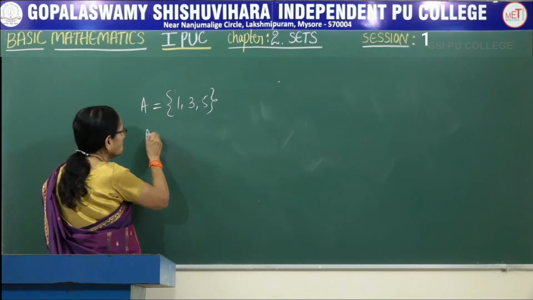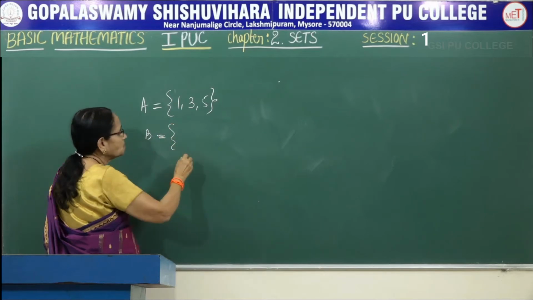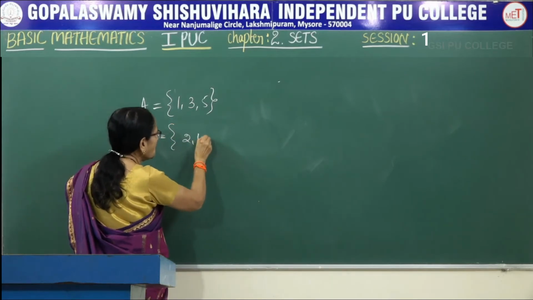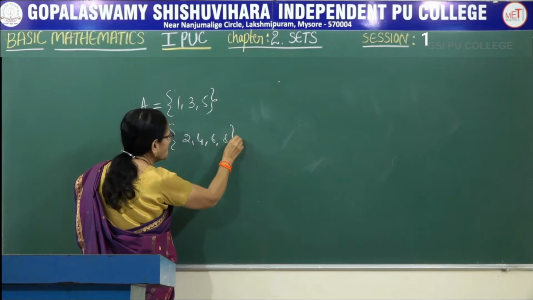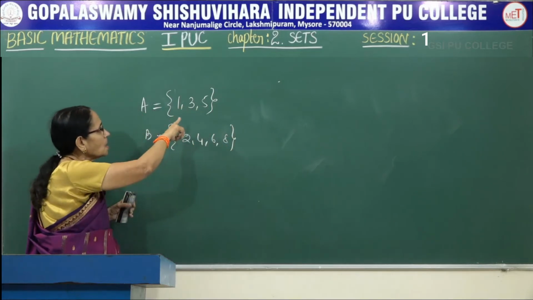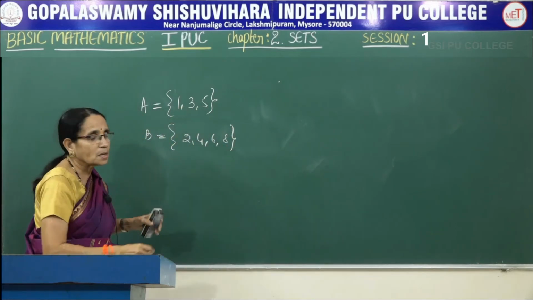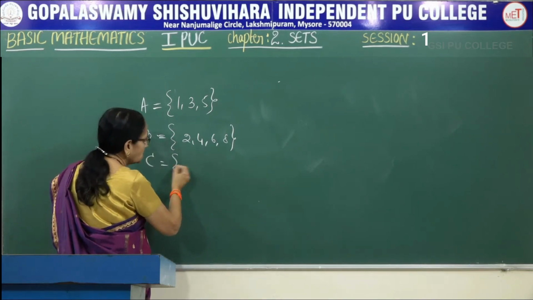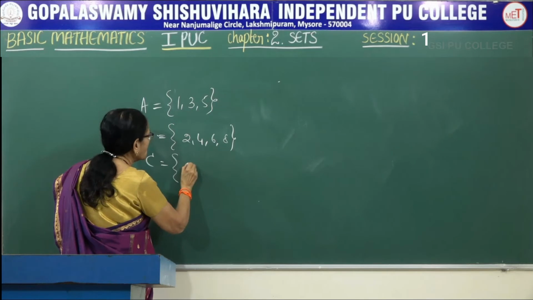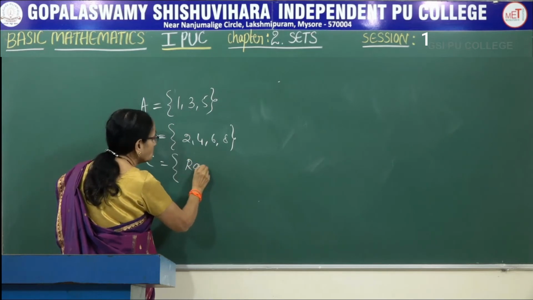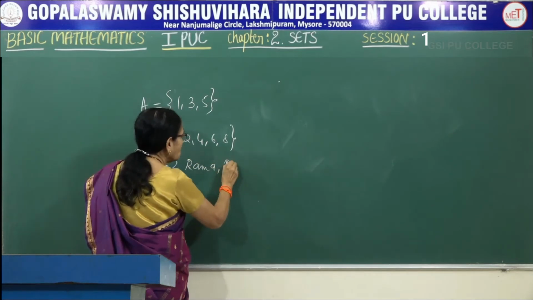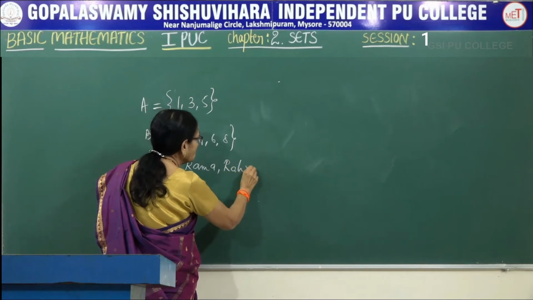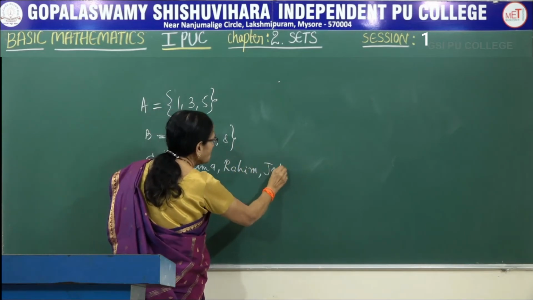Or I can write B containing, say, 2, 4, 6, 8. So it is a set containing the even numbers, and the earlier one a set containing the odd numbers. Or you can write a set containing names, for example Rama, Rahim, John, like this.